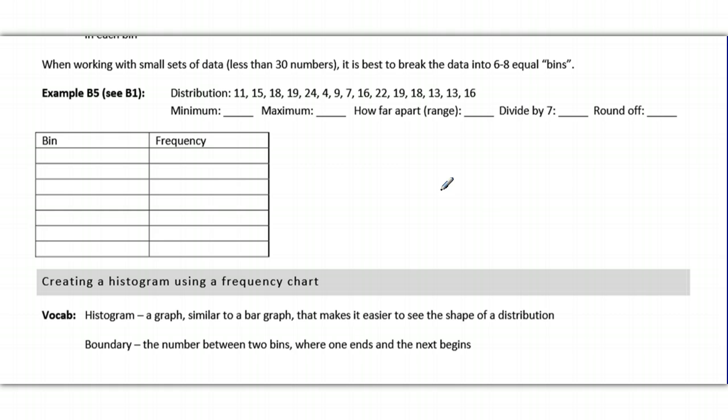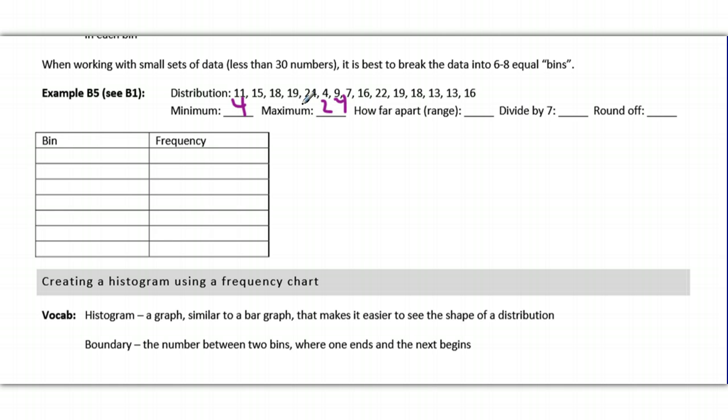Going back to the earlier example, we have our distribution, and our minimum was 4 and our max was 24. Now, let's figure out how wide each bin should roughly be. How far apart are the min and the max?